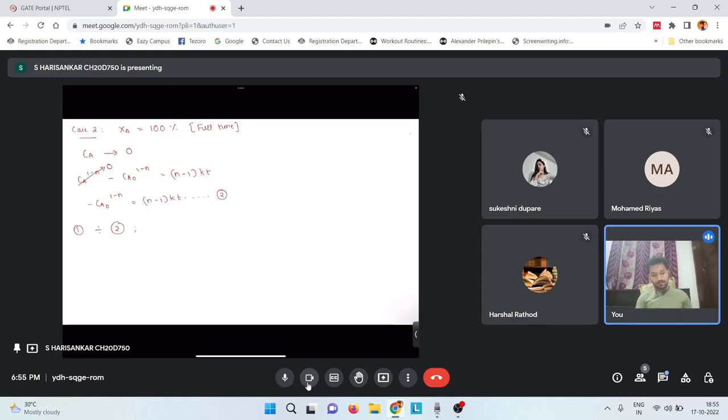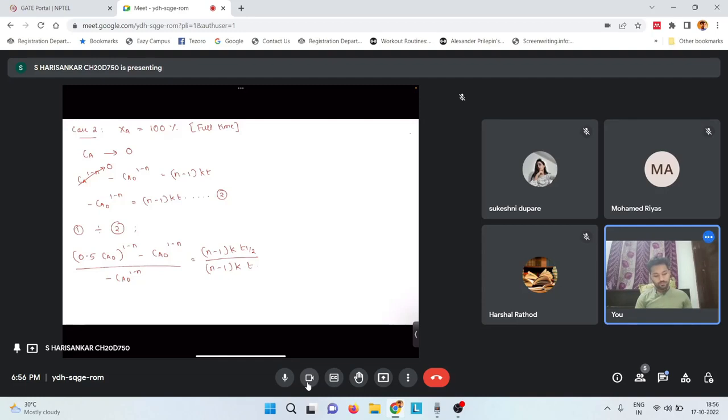So what we'll have is, on the left hand side, 0.5 Ca0 raised to 1 minus n minus Ca0 raised to 1 minus n by minus Ca0 raised to 1 minus n is equal to n minus 1 into k t half by n minus 1 into k t.